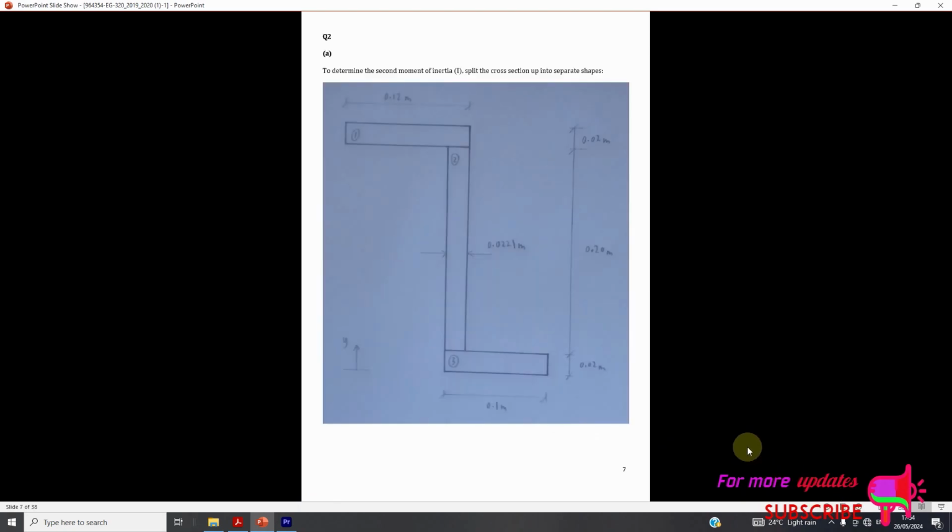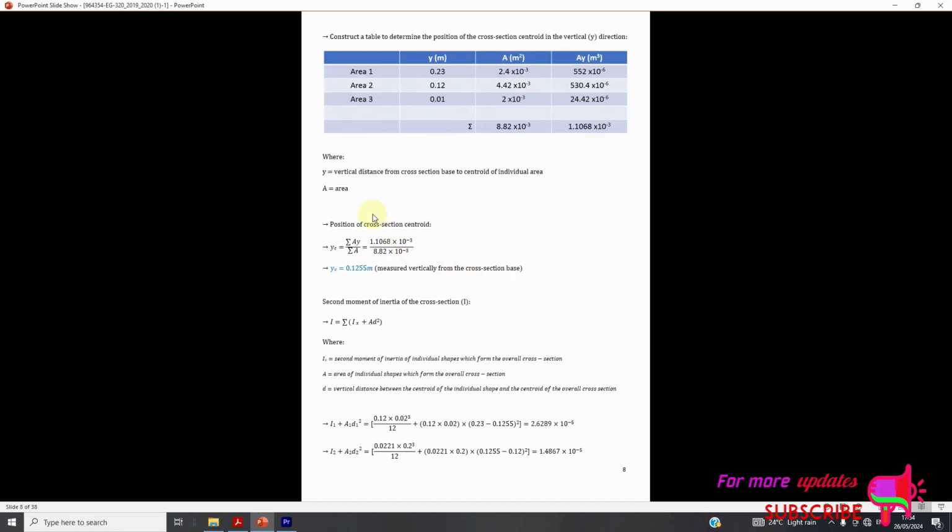Now 0.01, this one divided by 2. So y is the vertical distance from the cross-section base to the centroid of the individual area.